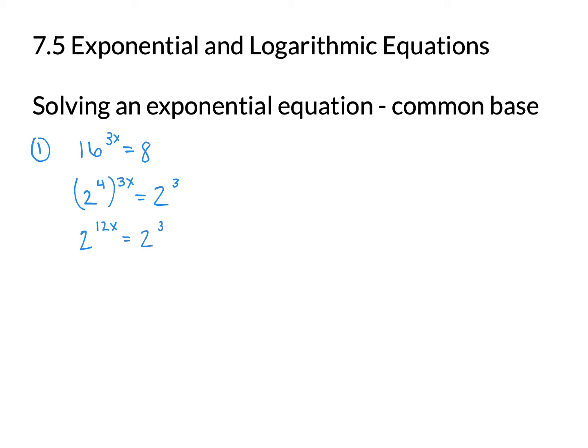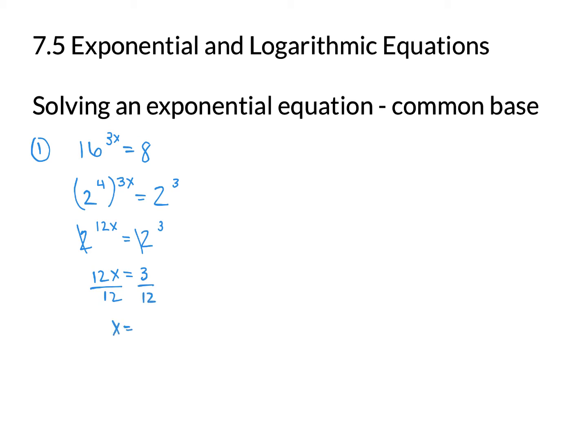Now 2 to the power of 12x must equal 2 to the power of 3, meaning those exponents must be the same. So we can actually say that 12x is equal to 3 as we solve for x. What's our next step in solving for x? Divide by 12, right?